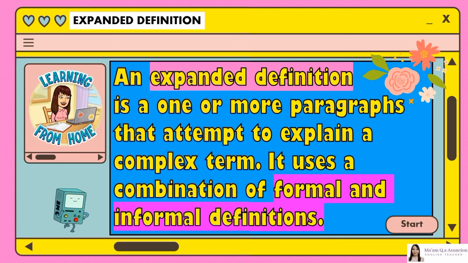One of the first things to do when you write an expanded definition is to compose the formal sentence definition of the term you are writing about. Place it toward the beginning of the expanded definition. It establishes the focus for the rest of the discussion.